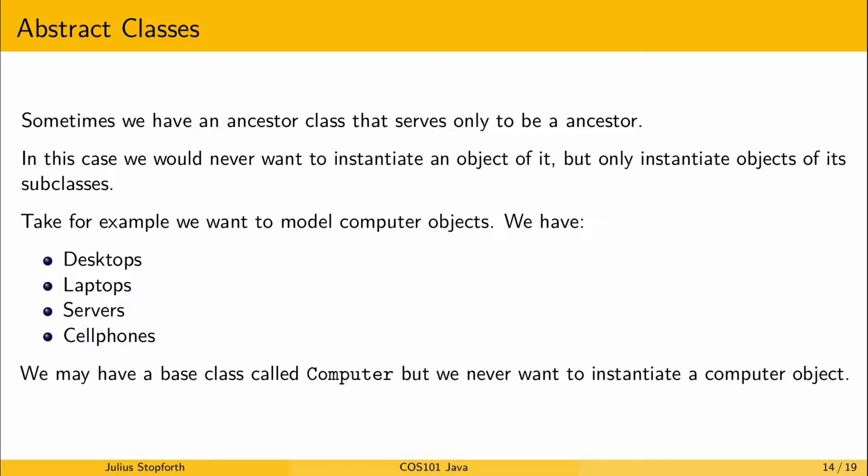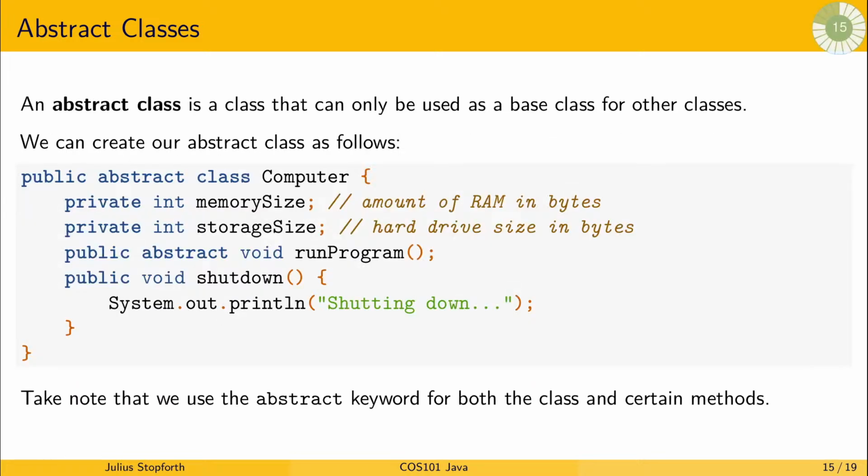So with this, if we only want that ancestral umbrella type, we use something called an abstract class. An abstract class is exactly like a blueprint, and it can only be used as the base class for other classes. We can't actually create objects, like we can't use the new keyword.